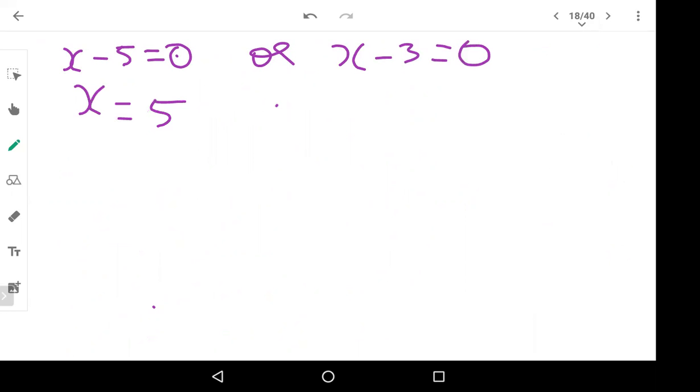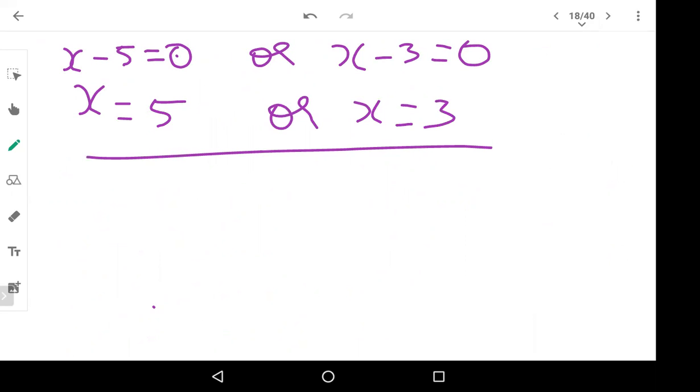Then x minus 5 is equal to 0 or x plus 3 is equal to 0. x is equal to 5 or x is equal to minus 3. Sorry, I think there's some problem. Okay, x plus 3, right? So you will get minus 3.